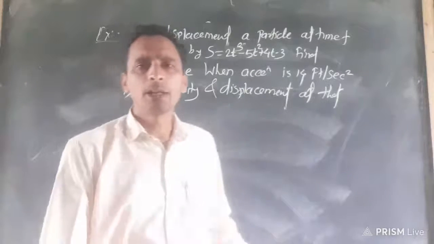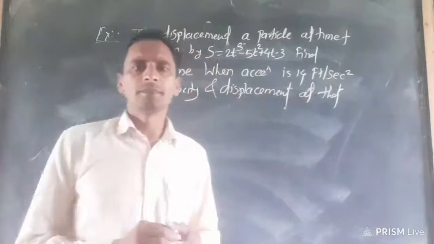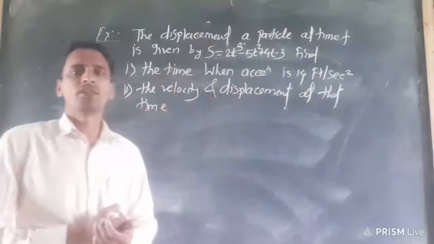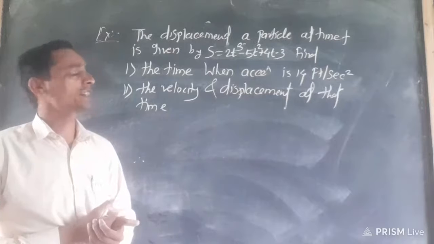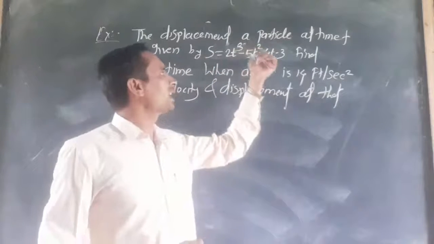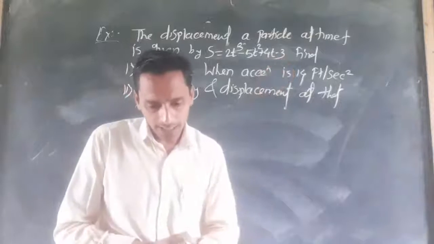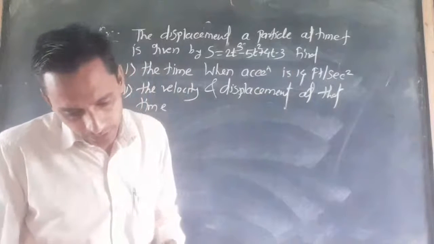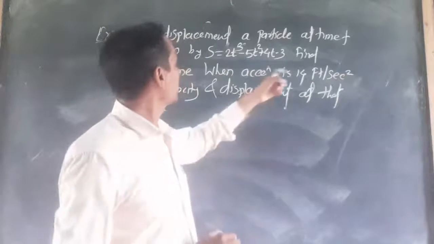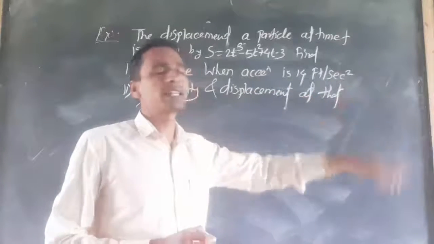Friends, in this example, given to us is acceleration, that is 14 feet per second square, and displacement is 2t cube minus 5t square plus 4t minus 3. This is the displacement. And given acceleration is 14 feet per second square.